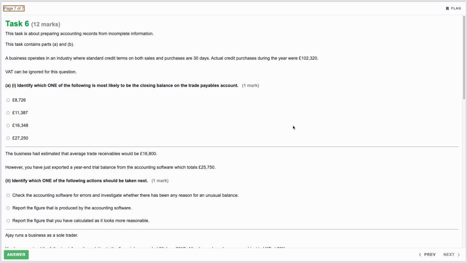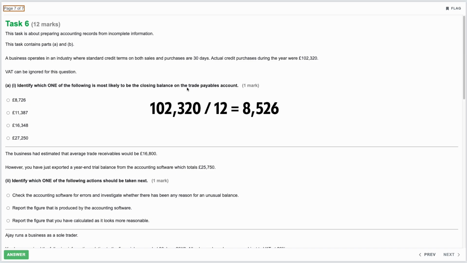Okay, so fairly straightforward this one. If you are operating on 30 days credit term and your credit purchases for the full year are 102,320, we could expect that roughly 1 month would still be owing at the year end. So all I would do is take 102,320, divide it by 12, to get a monthly amount of roughly 8,526.